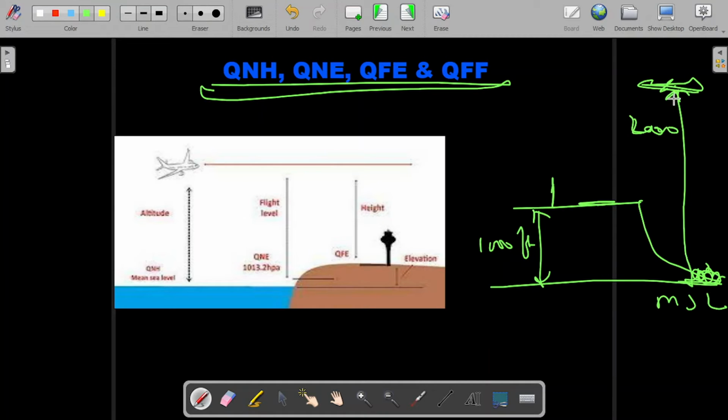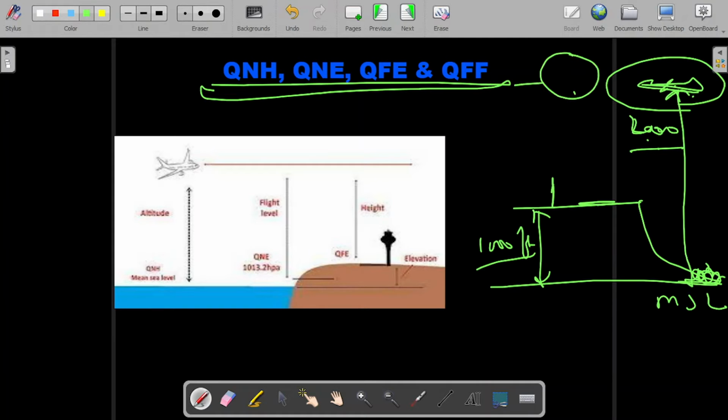So if the aircraft is checking its height in its baro altimeter, the altimeter should be aware of the reference it should take. How to set it, I'll be covering in the next slide.